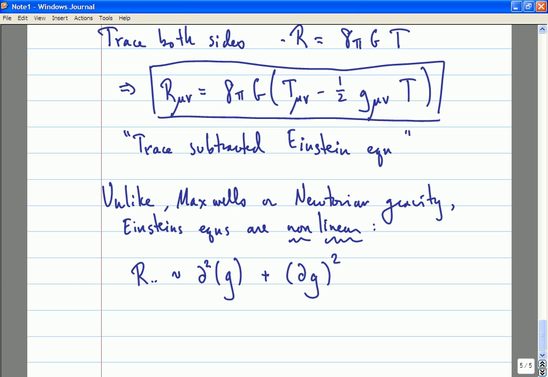So, for example, if G1 and G2 are solutions of Einstein's equation, then that does not imply that G1 plus G2 is a solution.